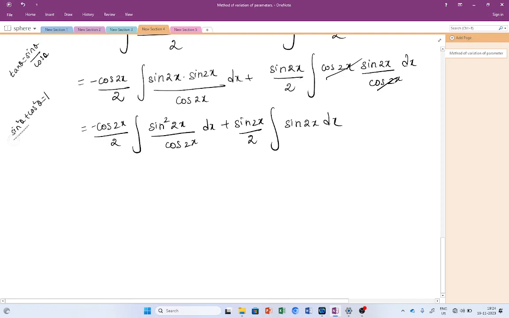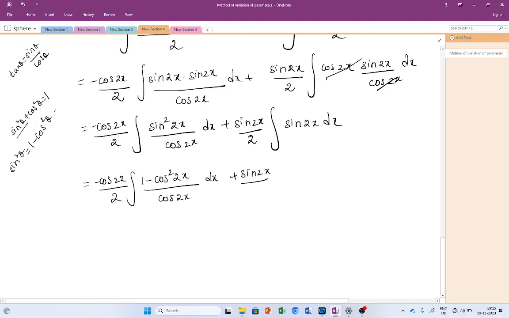Or I can write sin square theta, keeping sin square on one side and bringing the cos square to the other side, so it is 1 minus cos square theta. Here I have sin square 2x, so I'm going to substitute it as 1 minus cos square 2x. Minus cos 2x I'm writing as it is. Instead of sin square 2x, I'm using this formula. So it is 1 minus cos square 2x divided by cos 2x dx plus sin 2x by 2.